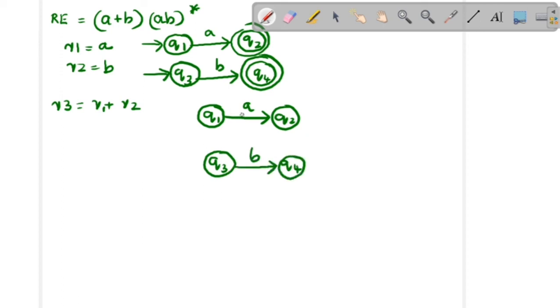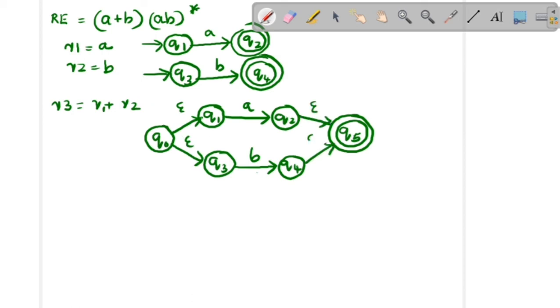Okay, this epsilon NFA can accept A or B. Here it is A and here it is B. So to convert it to A or B, here we remove the final states, that is Q2 and Q4 become normal states, and we add a new final state Q5 and a new initial state Q0. Then here it is the epsilon transitions. Okay, so this epsilon NFA can accept A or B.